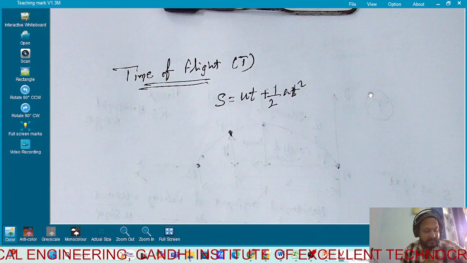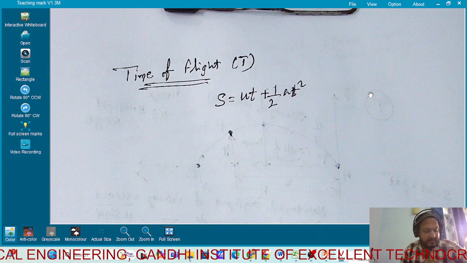Clear? Now the projectile is reaching from point A to point B. Now tell me, at point B, what is the value of y? You see what my point is? We are calculating the time of flight from point A to point B. This is the particle.